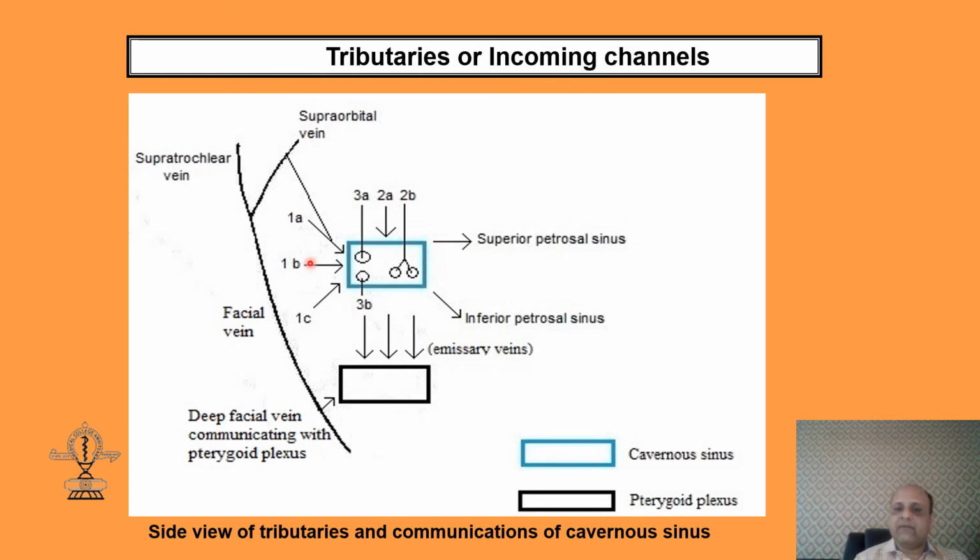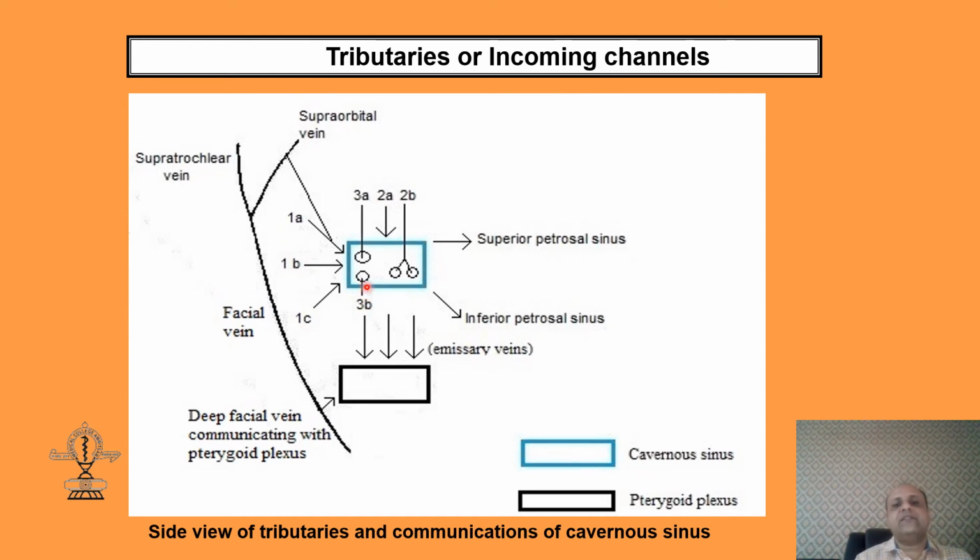Let us see the incoming channels again: superior ophthalmic vein, inferior ophthalmic vein, central vein of retina. Then from the brain, superficial middle cerebral vein, inferior cerebral veins. Then from the meninges, sphenoparietal sinus, and frontal trunk of middle meningeal vein.